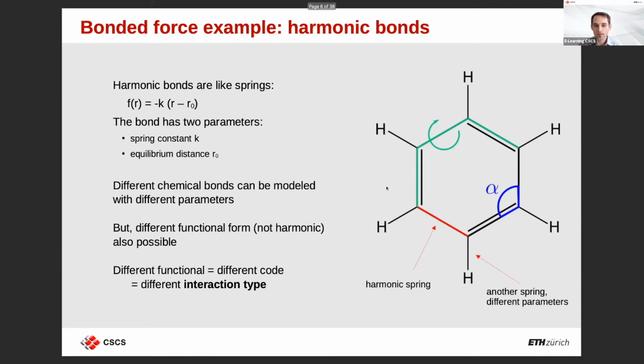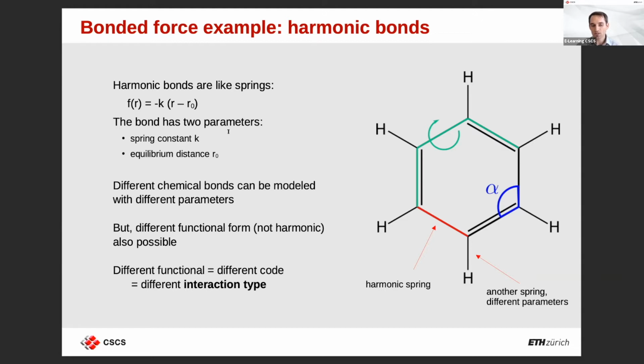From a physics point of view, it's actually really simple. For instance, one possible type of bond is just a harmonic spring. The force on the two atoms involved is described by a simple force law, where the force driving the atoms back to the resting position is proportional to the displacement.